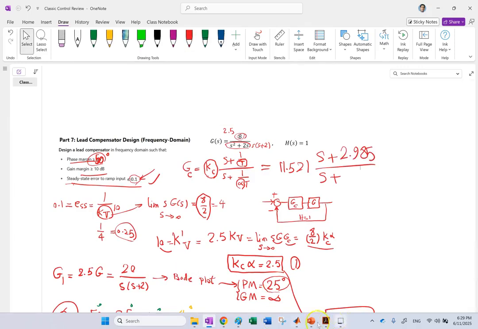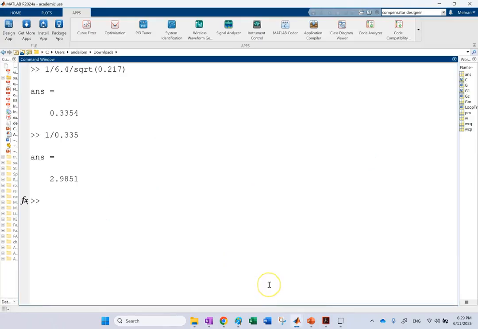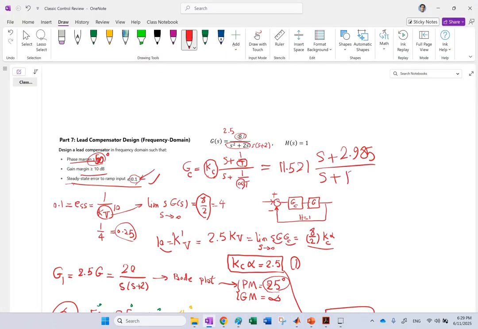And the second one is 1 over this number and divided by 217, which is 13.756. So this is my compensator.